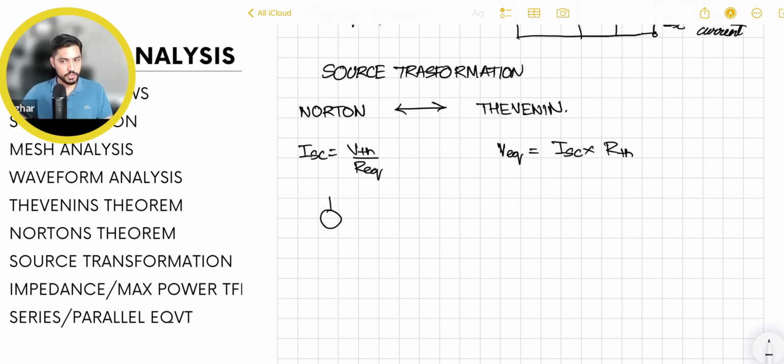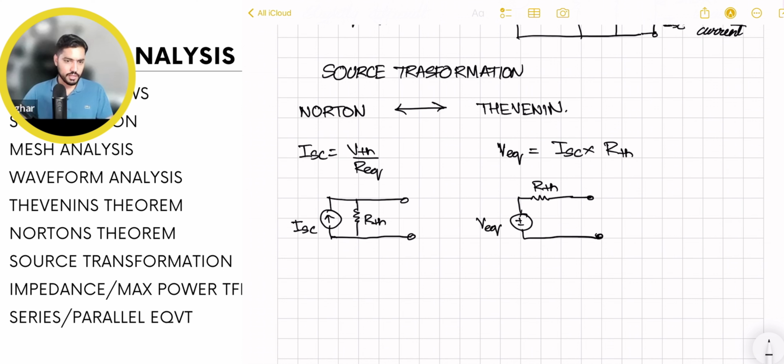This is a source transformation. And if you want to go from here to there, you're just going to take this ISC, multiply it with R Thevenin, and call that your V equivalent. Then you're going to take this resistor, R Thevenin, and put that in series. This is source transformation. Sometimes it comes in handy when you're doing somewhat complicated circuits.